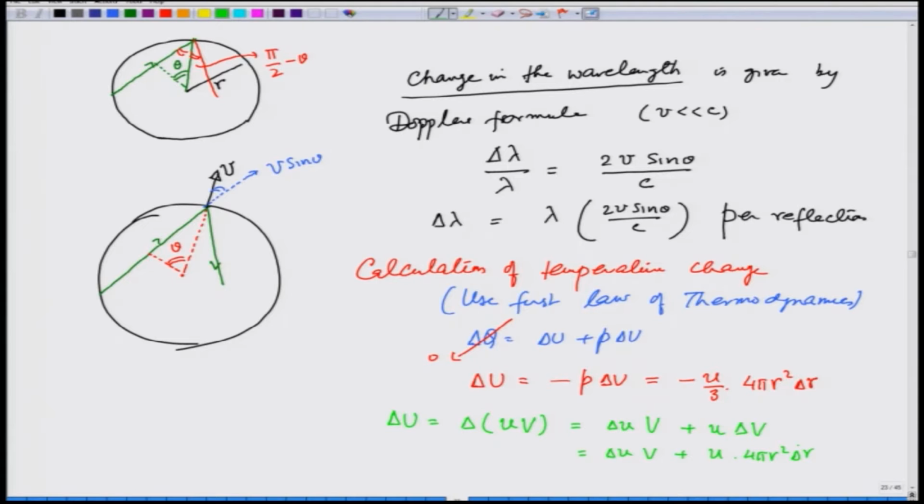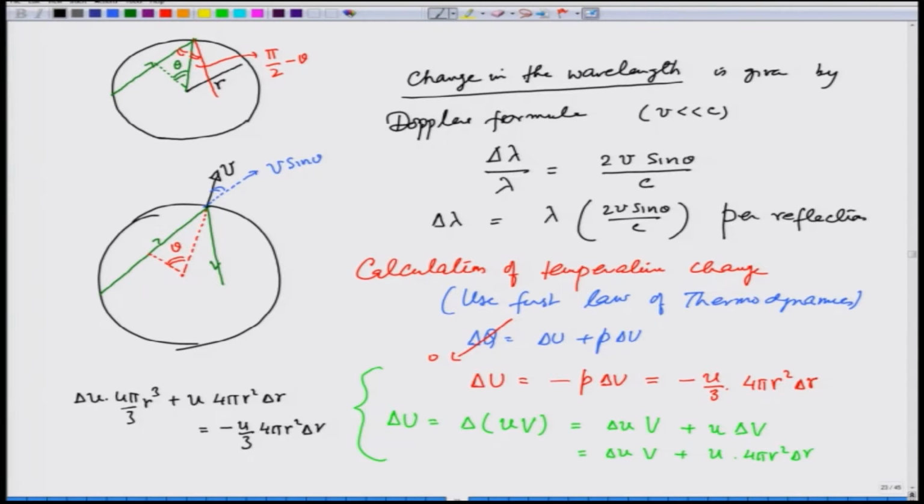So, let us collect this all together on the left hand side, and we have V delta U, where V is 4 pi by 3 r cubed, plus U 4 pi r squared delta r is equal to minus U by 3 times 4 pi r squared delta r.